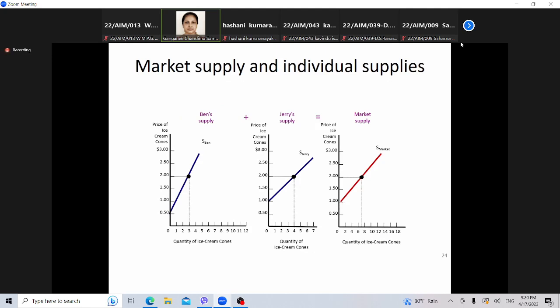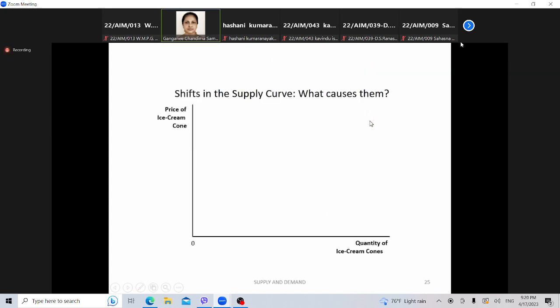That's why I didn't spend more time on these individual supply curves plus the total supply, Ben, Jerry, and market supply. Okay. So when we consider shifts in supply curves, you should remember there are many causes or reasons.